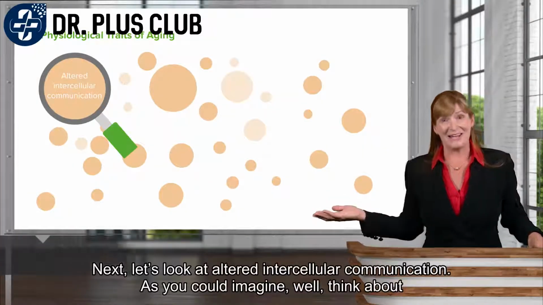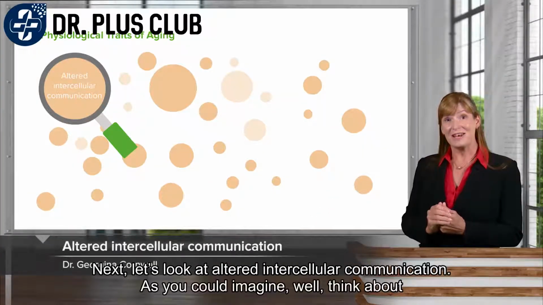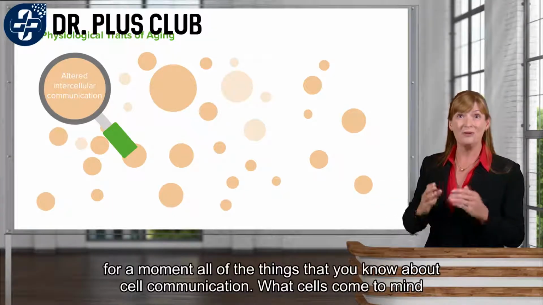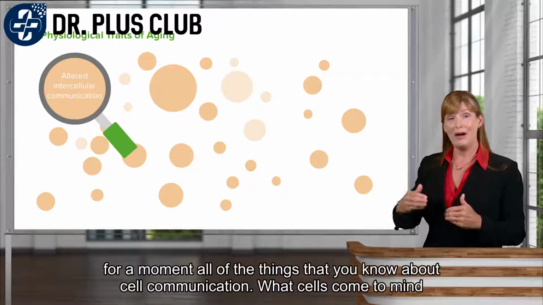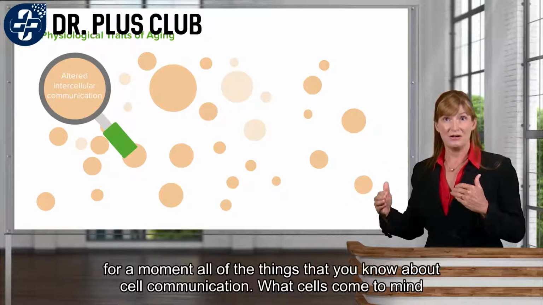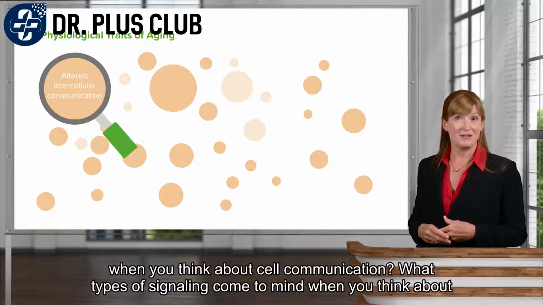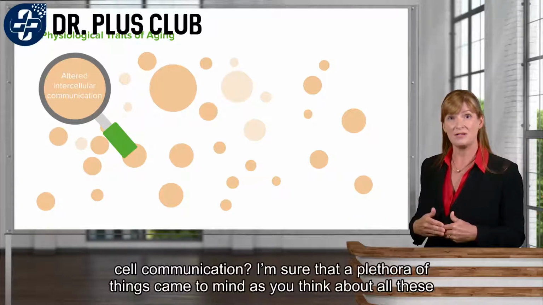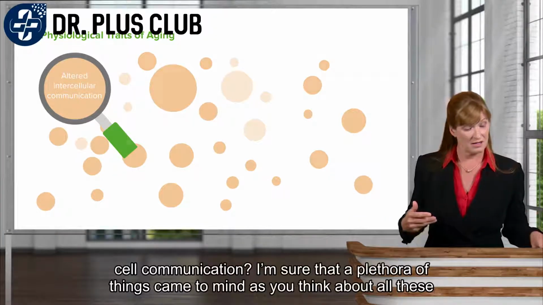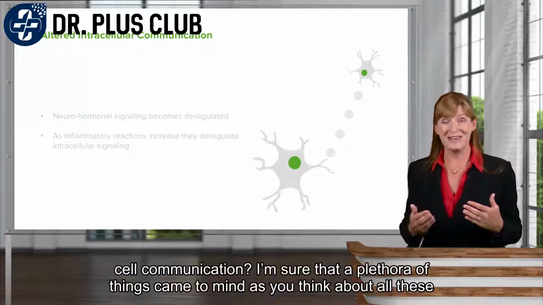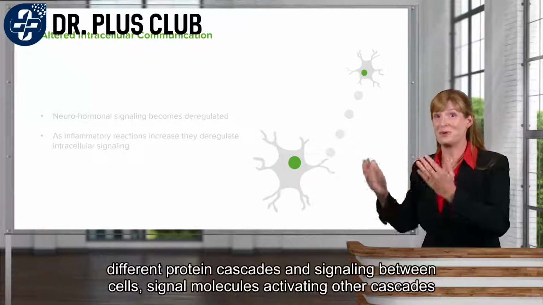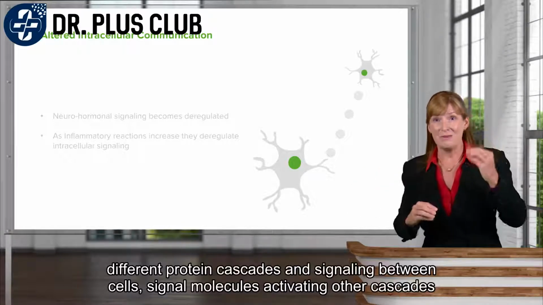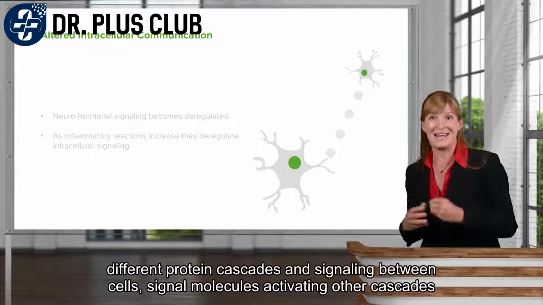Next, let's look at altered intercellular communication. As you could imagine, think for a moment about all of the things that you know about cell communication. What cells come to mind when you think about cell communication? And what types of signaling come to mind? I'm sure that a plethora of things came to mind as you think about all these different protein cascades and signaling between cells, signal molecules activating other cascades within cells.